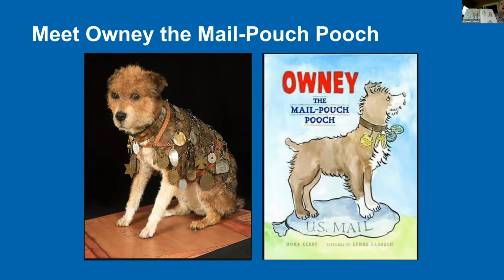He hangs out at the post office and goes riding with them to collect the mail. And then one day, Owney jumps on the mail train and rides off. All of the men at the post office, and they were men, you could talk about that too, were very sad because they thought they would never see Owney again.